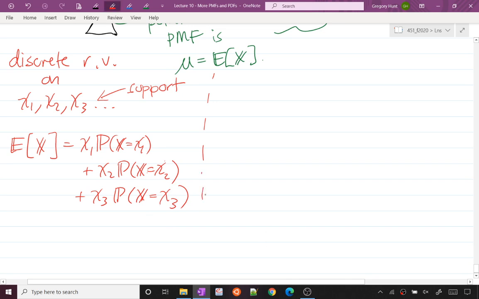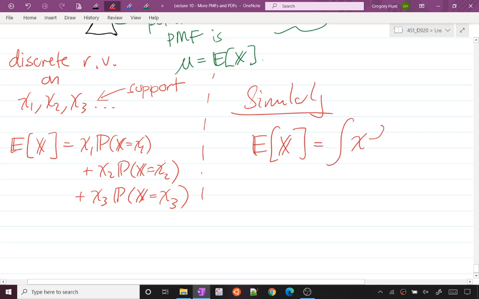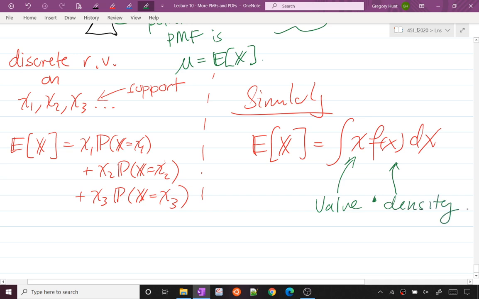And you can think about it in a similar way for the continuous case. This is the integral of x f(x) dx, right? So it's basically the value multiplied by the density, and we sum or integrate that up. So this is the super important idea of expected value.